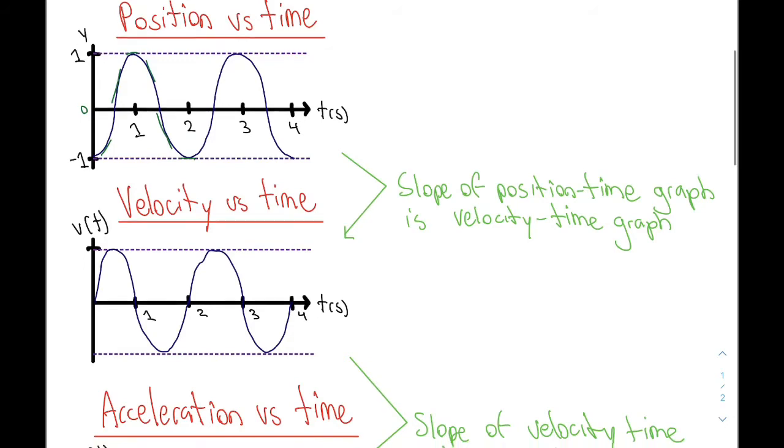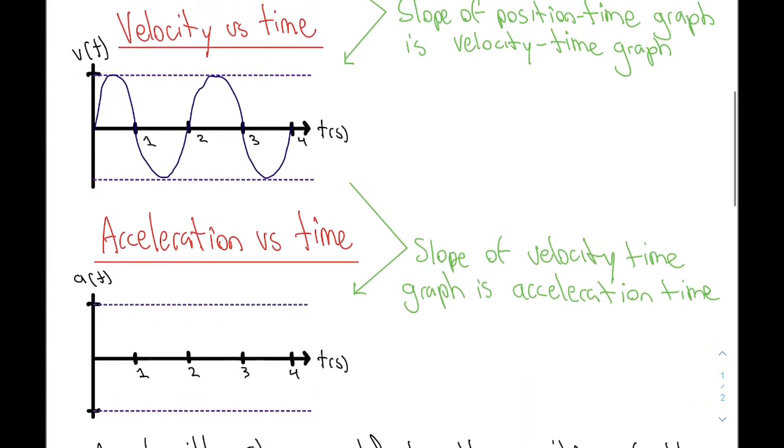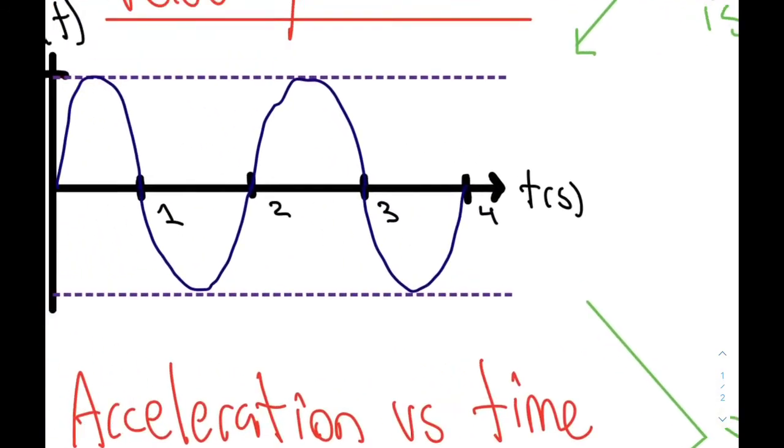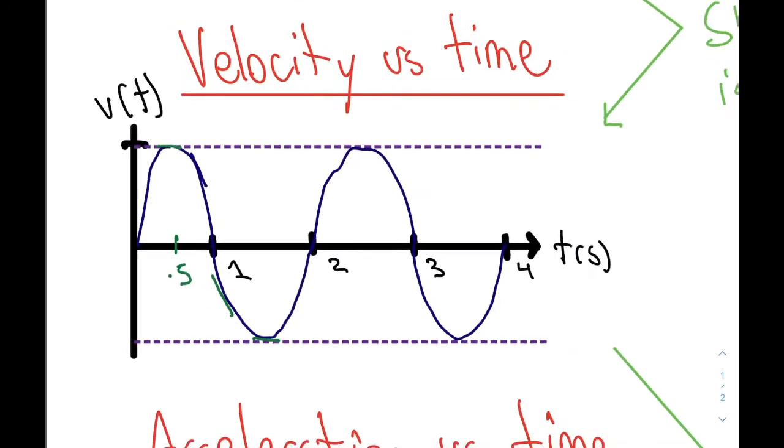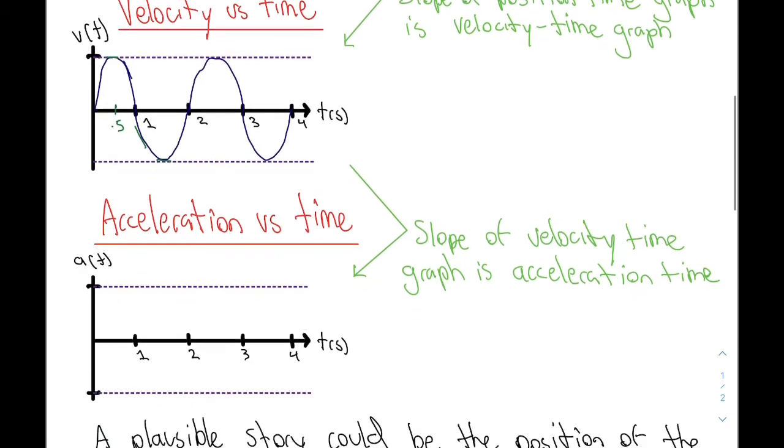Now, to find the acceleration time, we can use the exact same method. We see that the slope is 0 at 0.5. And so from that point, the slopes are all negative until the minimum value. And so we could draw it the exact same way.